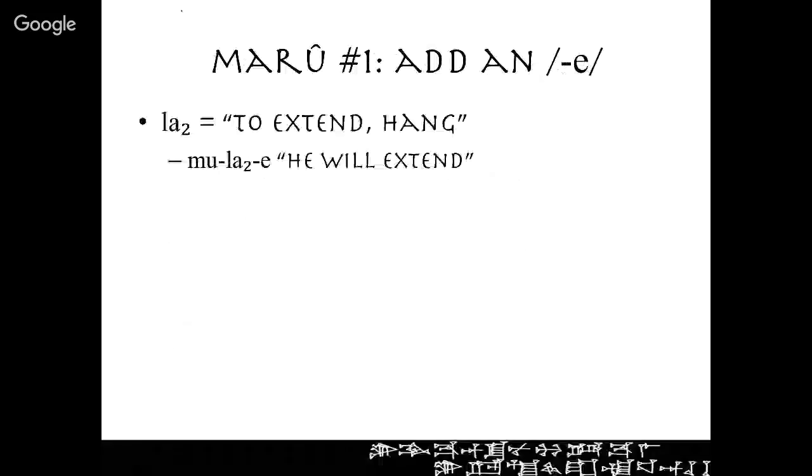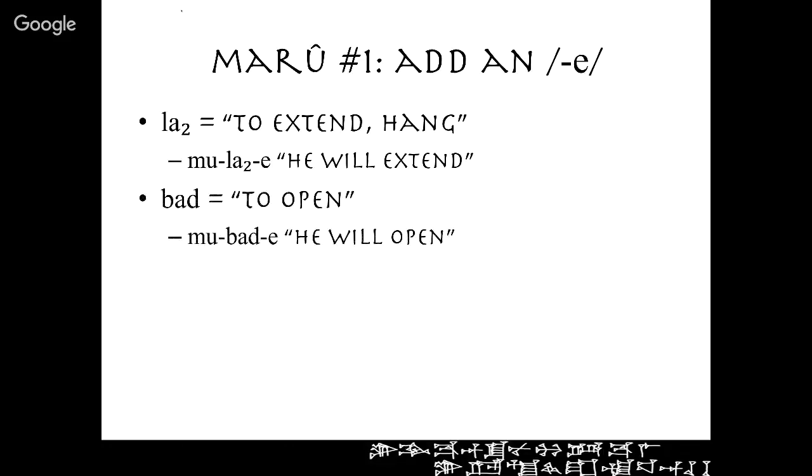The most basic, I suppose, the easiest to recognize maybe, is putting an E after the verbal base. So that same verb, latu, to extend. If you have mu latu, that's he or she will extend. Bod means to open. Mu bod, he will open, or he is opening.